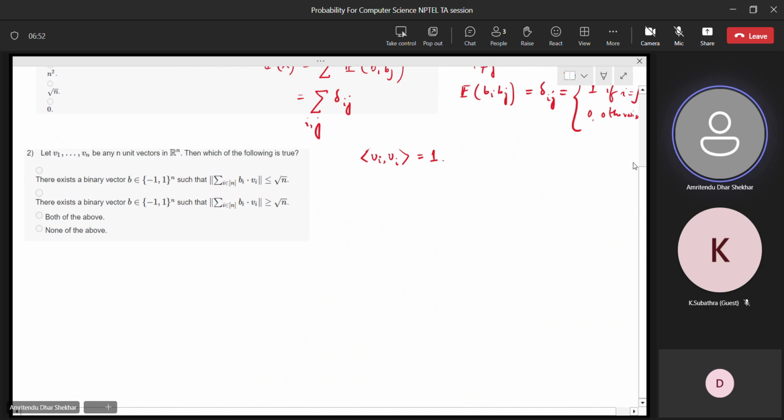So now the question is, there exists a binary vector. So do you understand this notation? If I say B is in {-1, 1} to the power n, then you should think of B as this vector, where each of these Bi's is drawn from {-1, 1}.